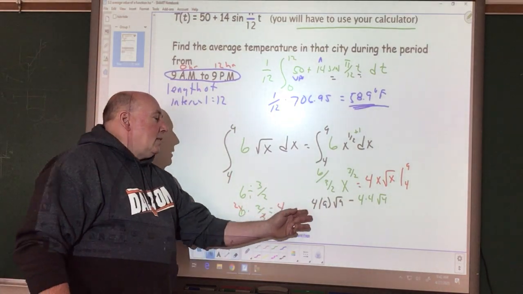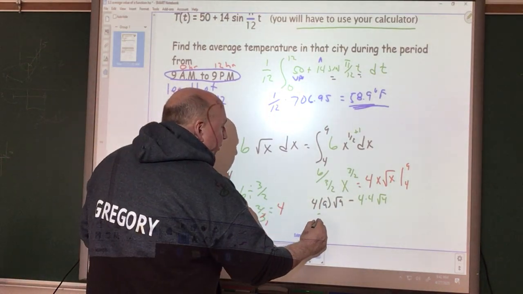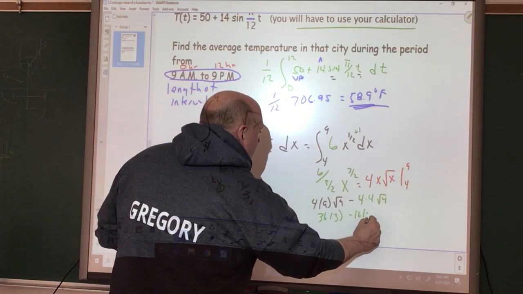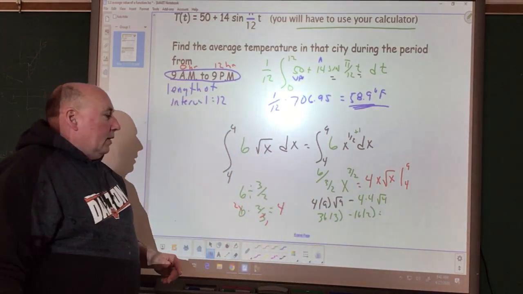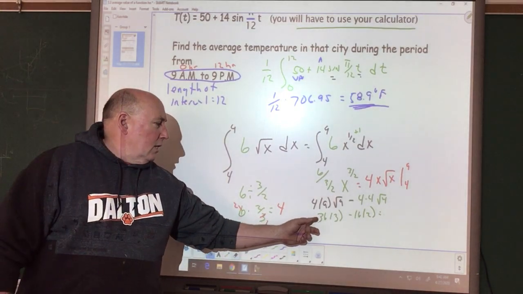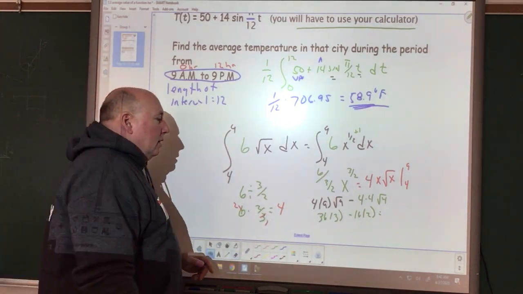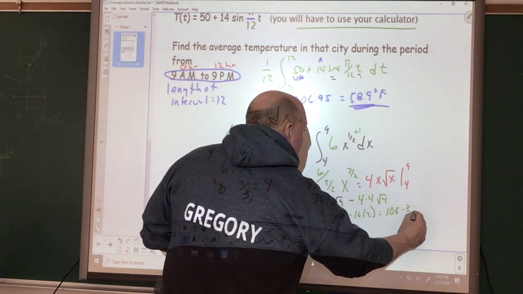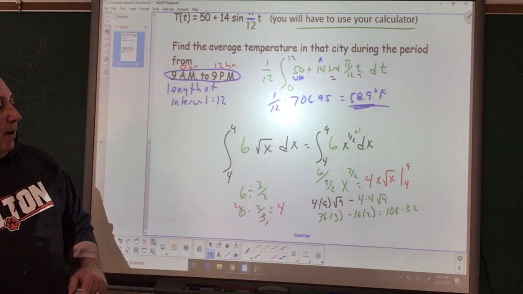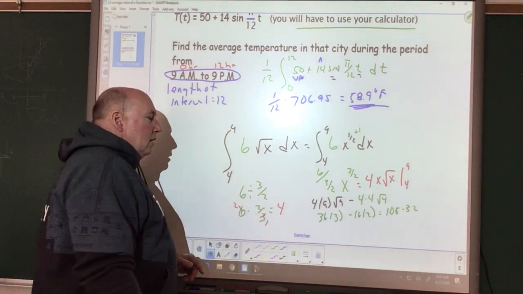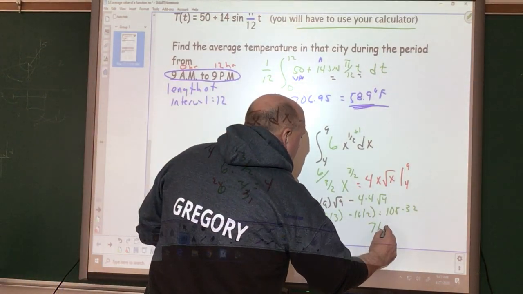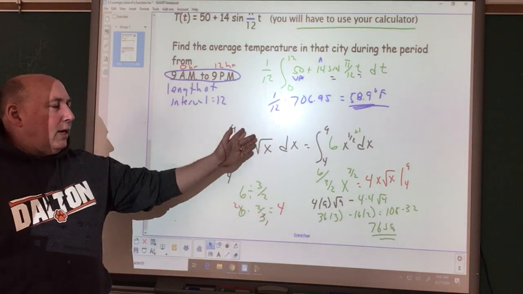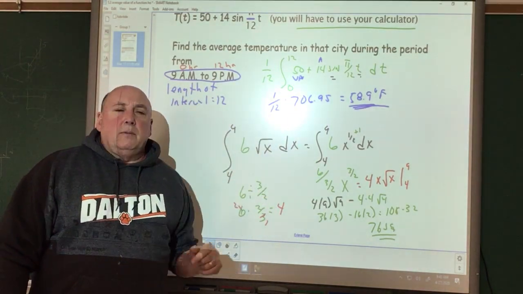So we have 4 times 9 times 3, so 36 times 3 minus 16 times 2. 36 times 3 gives me 108 minus 32. So we have 76 square units.